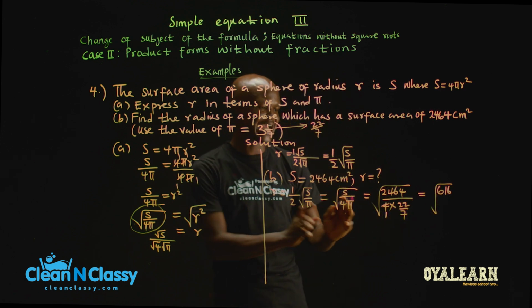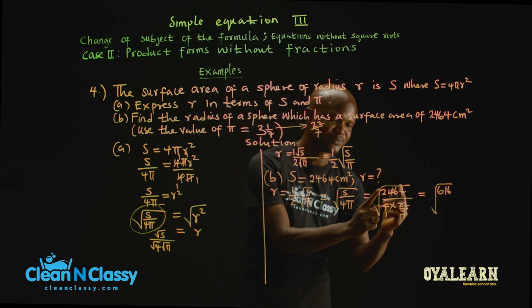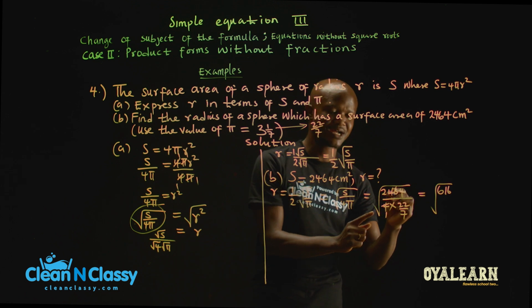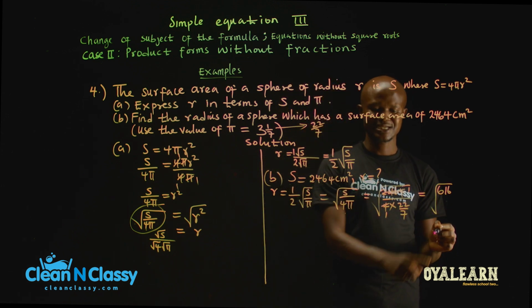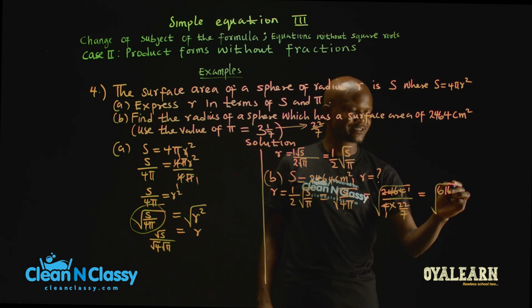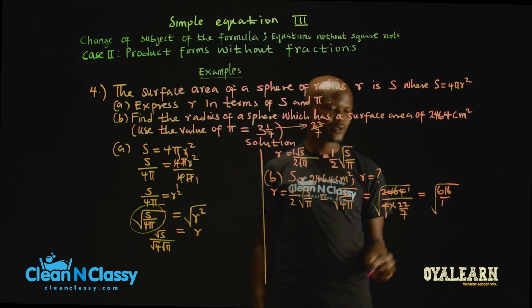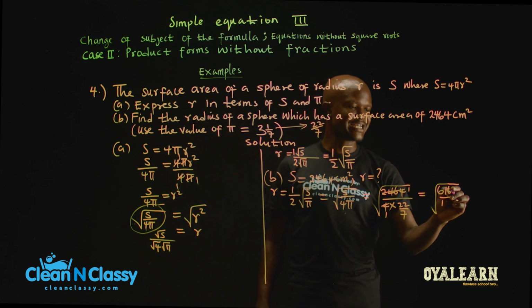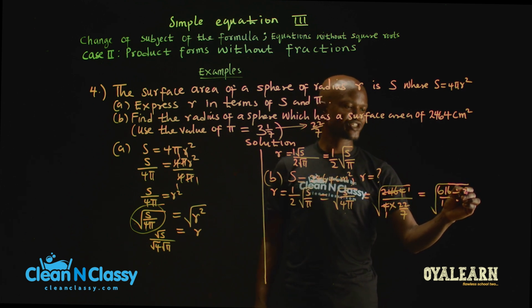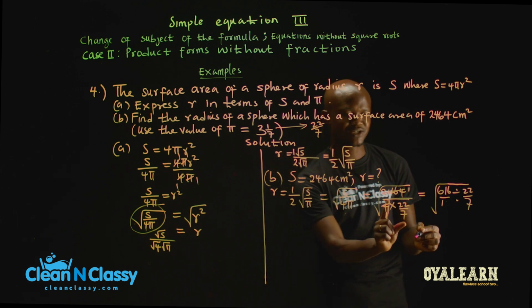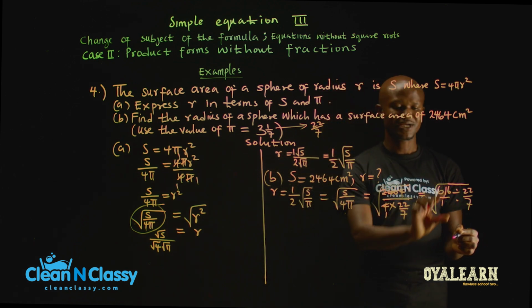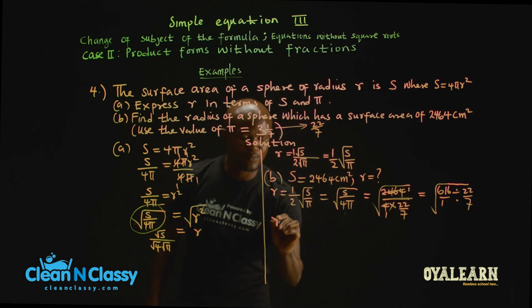So in a nutshell, 2,464 divided by 4 will give us 616. Then we can write this as divided by 22 over 7. This division line turns to a division symbol. Now simplifying, r will be equal to what?